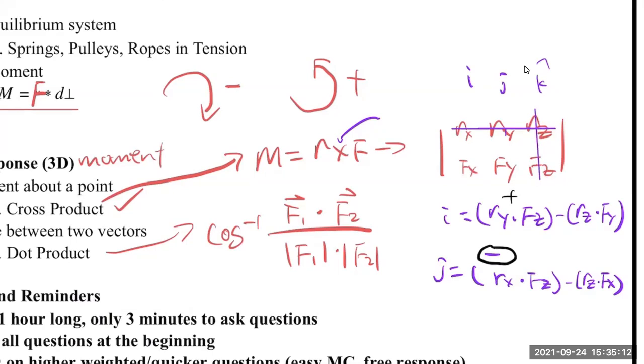And don't forget that only i and k can have a positive sign in the front. But for j, always put a negative sign in the front. So k is equal to rx multiplied by fy minus ry multiplied by fx.